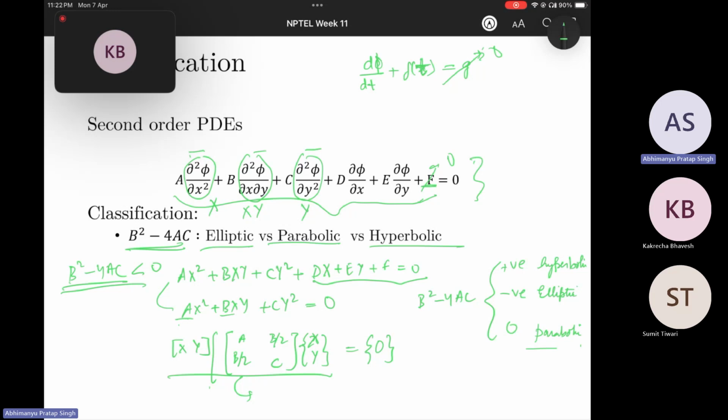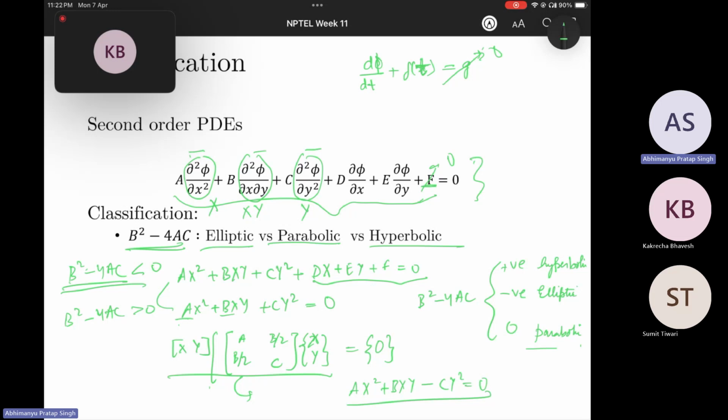If either of the coefficients a and c is negative, then this term becomes positive and b square minus 4ac becomes greater than 0. If any of these terms becomes negative, you get an equation something like ax square plus bxy minus cy square is equal to 0.